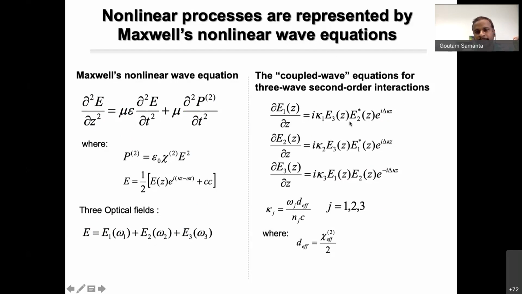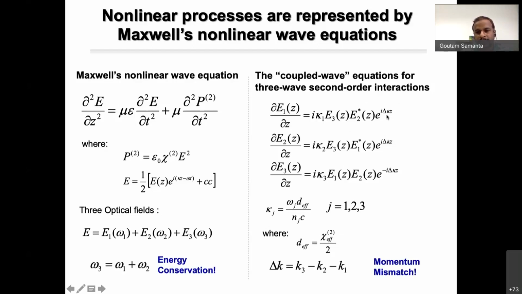As you can see here, the variation of the electric field of wave E1 over the length of the crystal is proportional to the electric field of the pump and the complex conjugate of the other frequency, and e to the power i delta k x is the phase mismatch term.